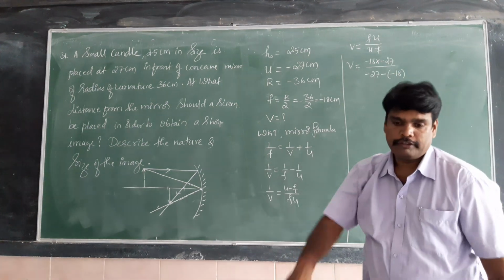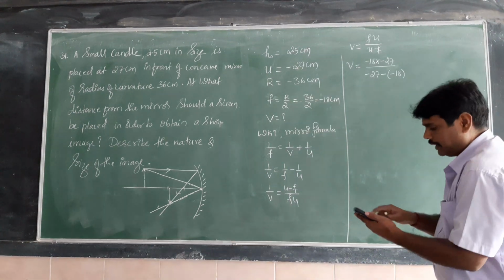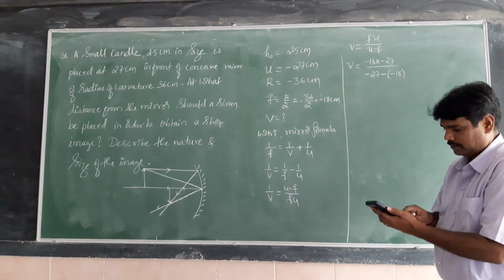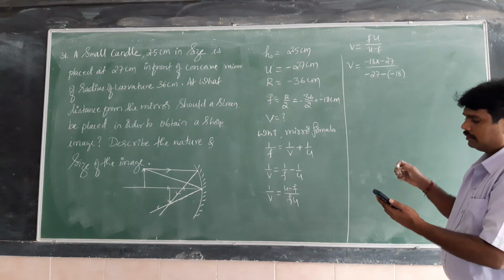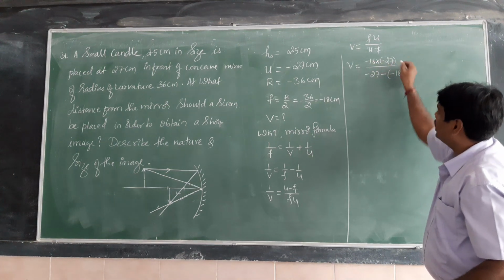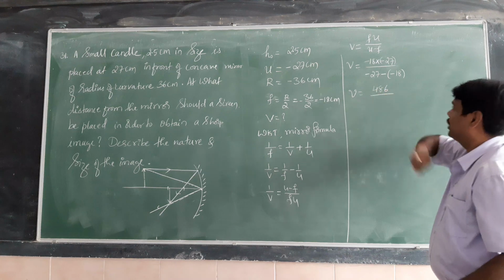If you simplify this, you get 27 into 18, which is 486, because minus into minus becomes plus. 486 is the numerator.